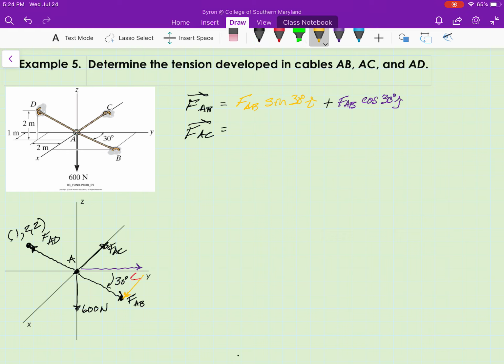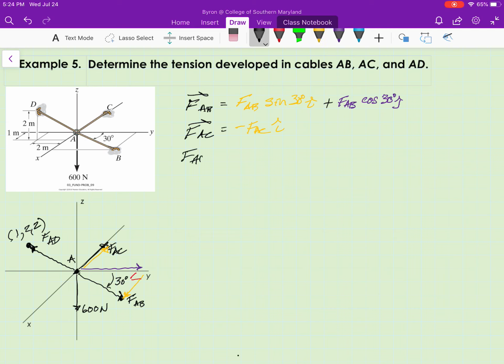So we'll just draw this for completeness there and say that FAC equals minus the magnitude of FAC I. No J or K component.